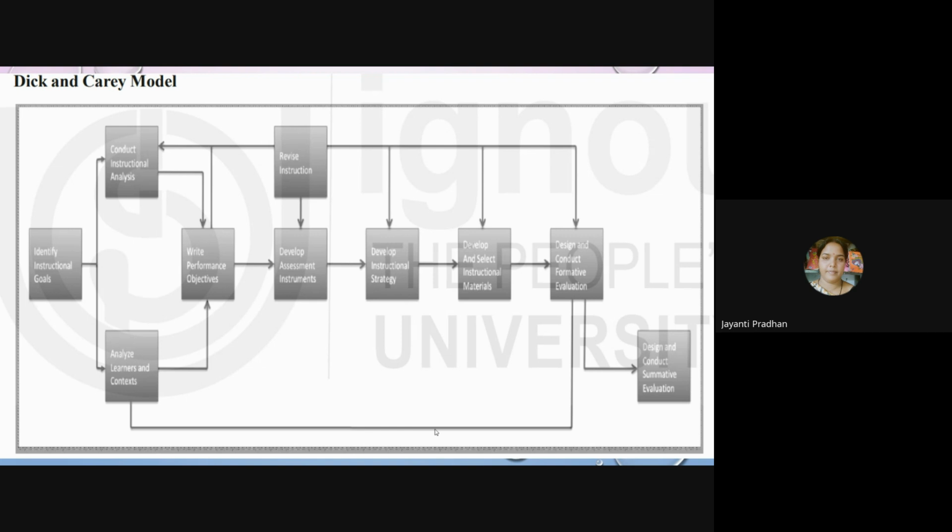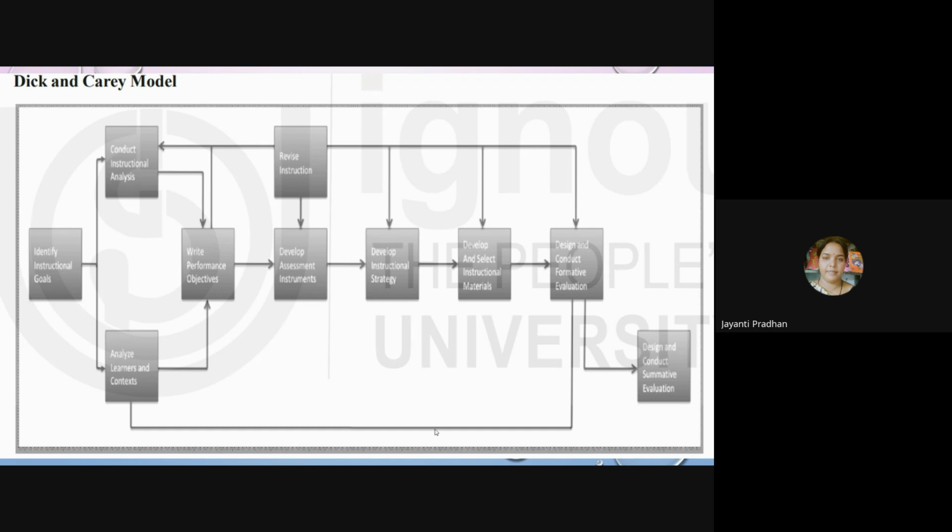So for that what we must do: we must conduct instructional analysis and also analysis of learners. After this instructional process, who will learn?